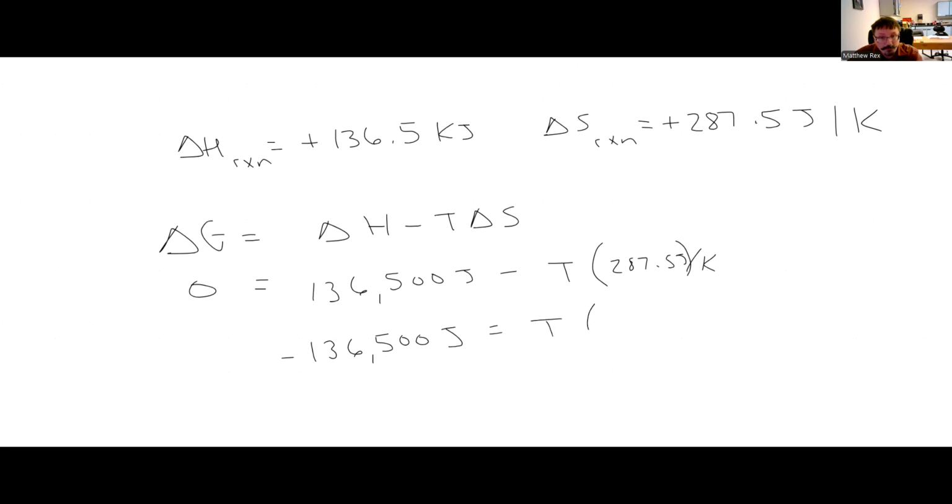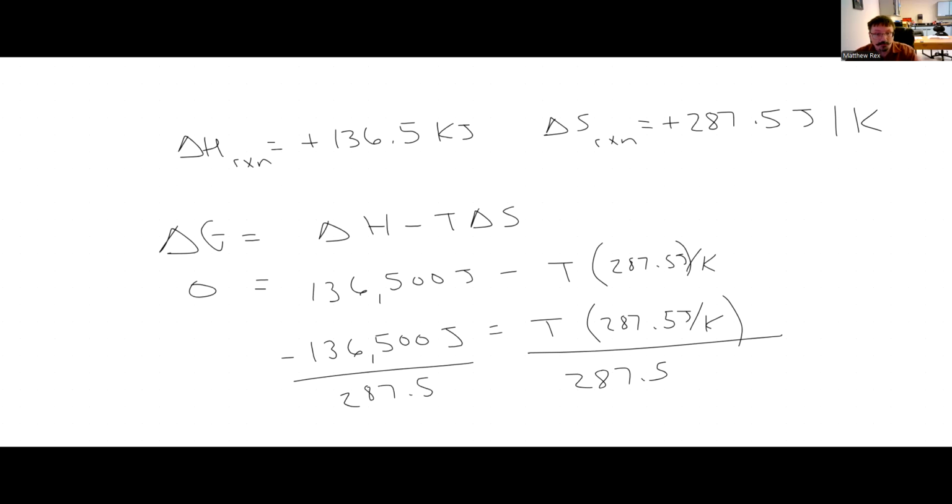And then solving for T, divide both sides by 287.5. Technically, there's a negative term in front of that. That gets us a temperature of 474.8 Kelvin.